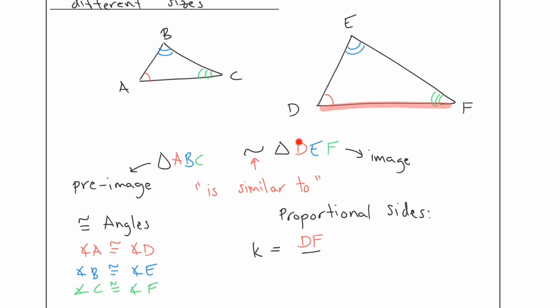I used F and D, the first and the last letters in the name, which means I'm going to use the last letter C and the first letter A. So CA. And this is going to be equal to another fraction, another ratio of the sides. This time, let's use ED, which corresponds with BA.